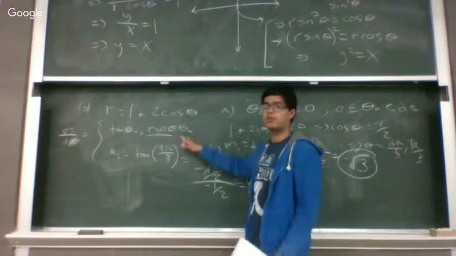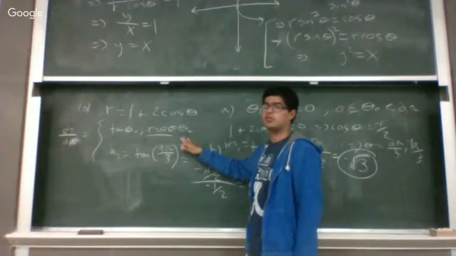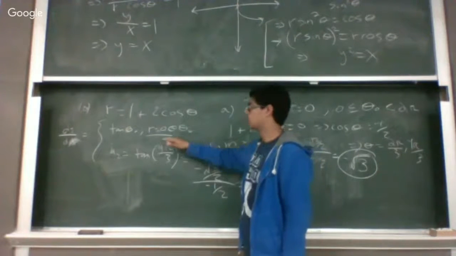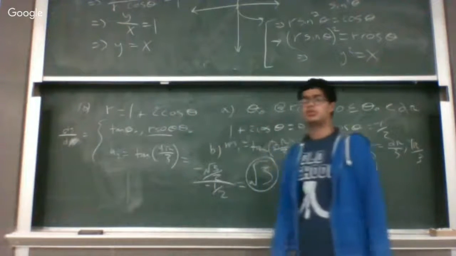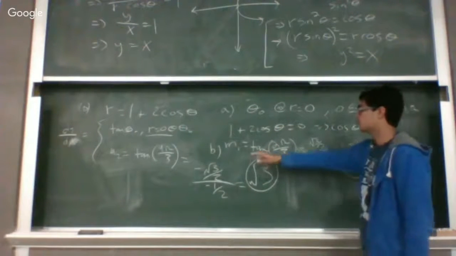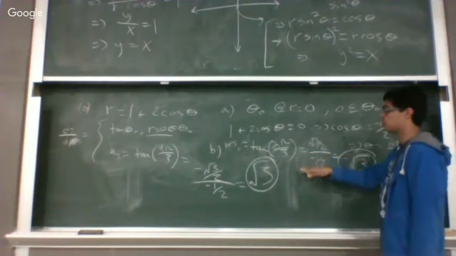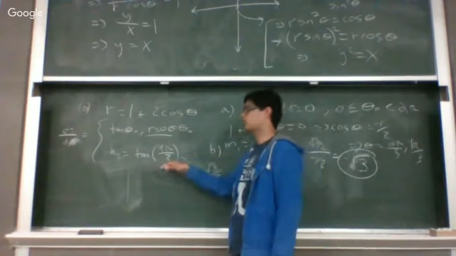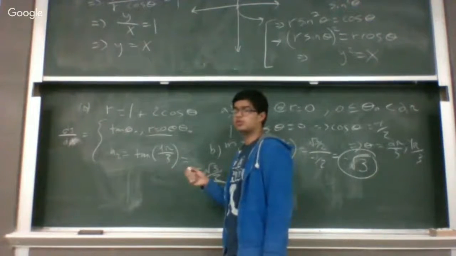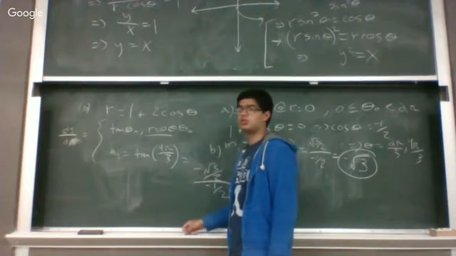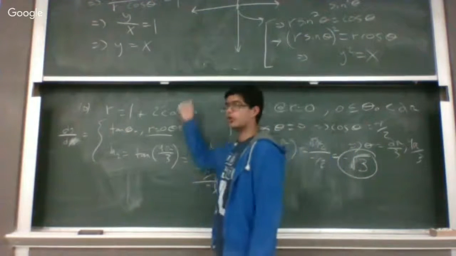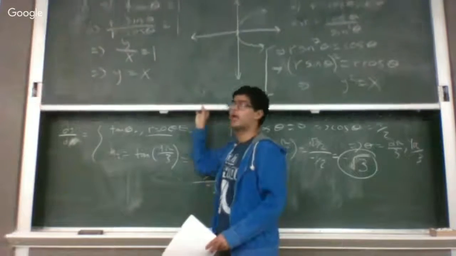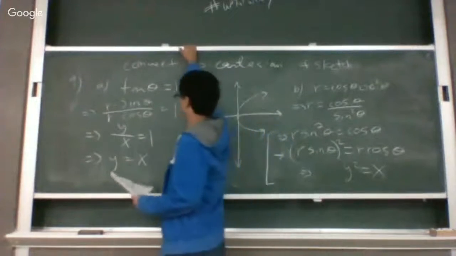So we use this equation to find the slope. That's why slope 1 is tangent of 2 pi over 3, and slope 2 is tangent of 4 pi over 3. Because your r is 0, you're already at the pole. It's a simpler equation at the pole. In the next problem, we don't have that.